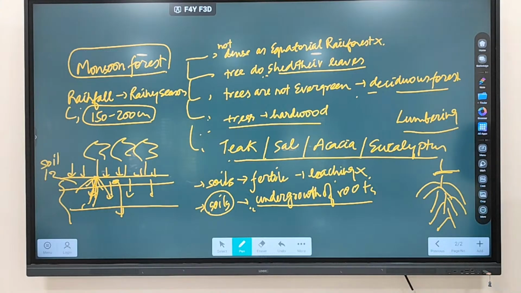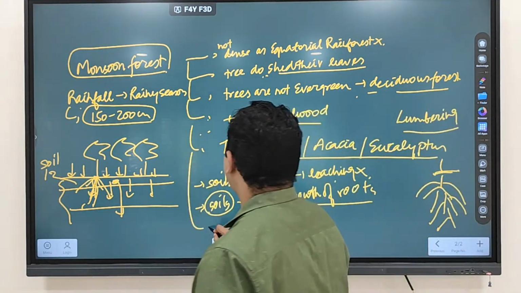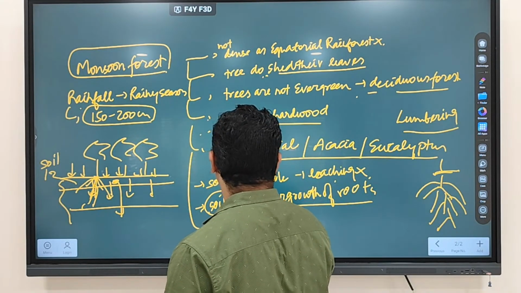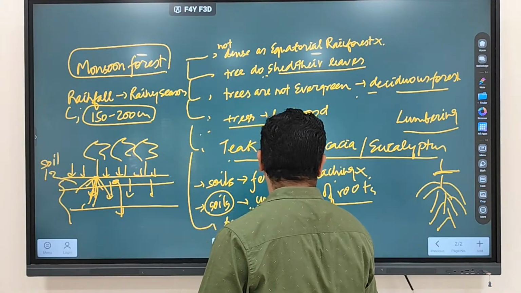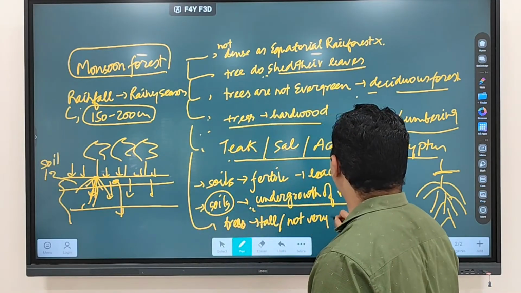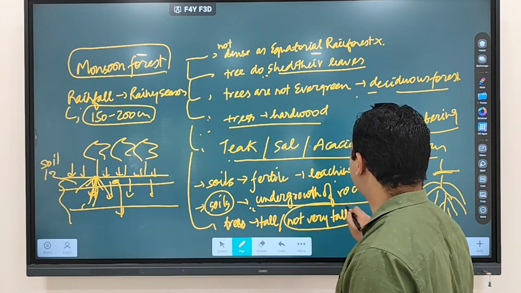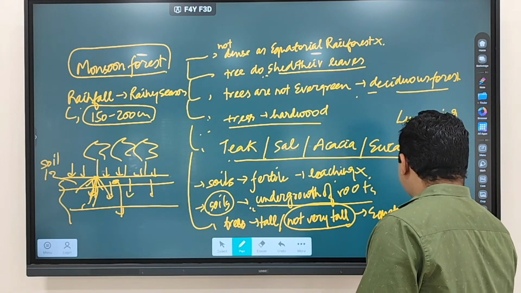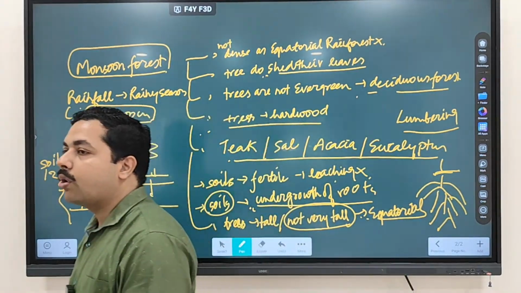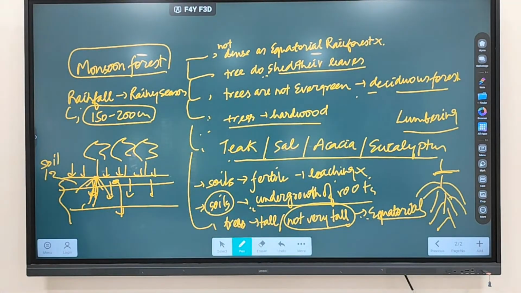Clear? And you'll see the trees are tall here, but not very tall as you see in which region? Equatorial region. So trees are tall, but not very tall as you see in the equatorial region.